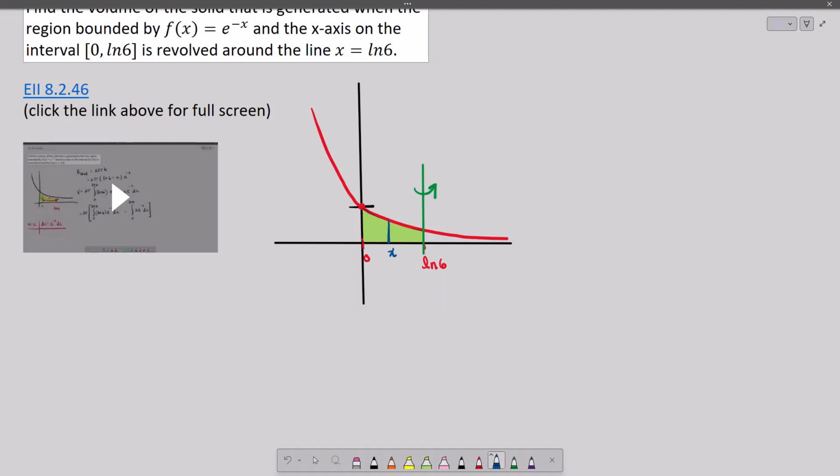So now we imagine that vertical element right there, or that rectangle, however you want to think about it, and we have our axis of rotation. When they're parallel, that's when you create a cylinder. Perpendicular, you would create a washer if there's a gap, and a disk if there's no gap.